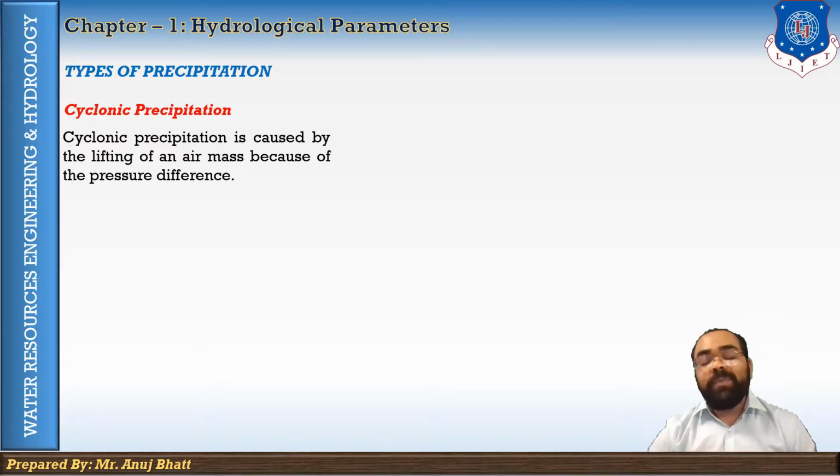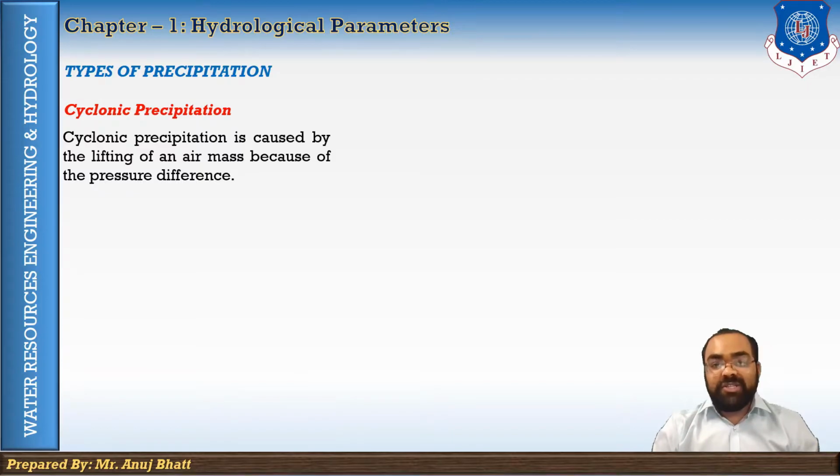If low pressure occurs at a particular area, the air will flow horizontally from the surrounding area, causing the air at the low pressure area to lift.